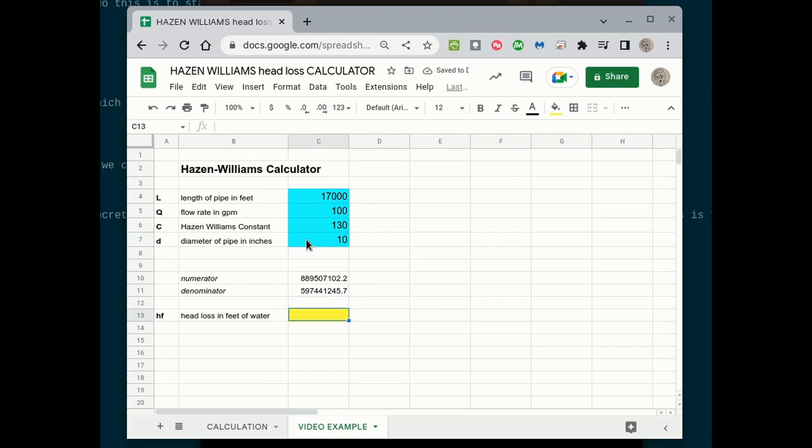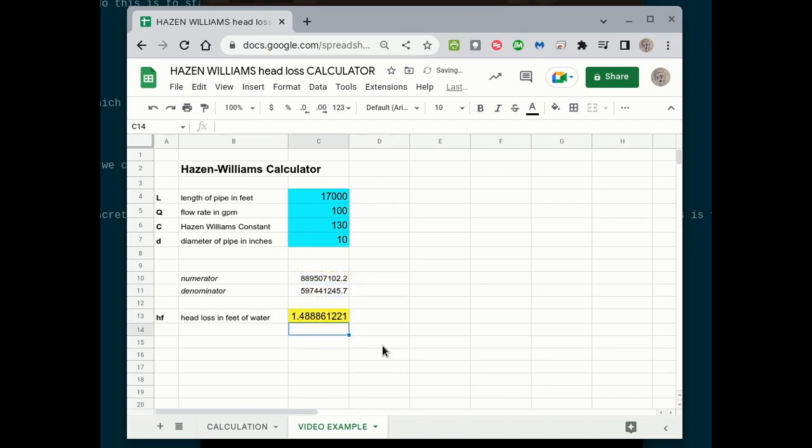And now for the head loss in feet of water. So this is basically measuring resistance in feet of water for a system of pipe. Okay, so I'm just going to hit equal, and we're going to click on the numerator and divide that by the denominator, and we get this lovely answer.